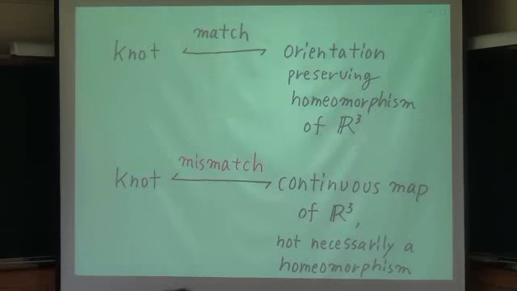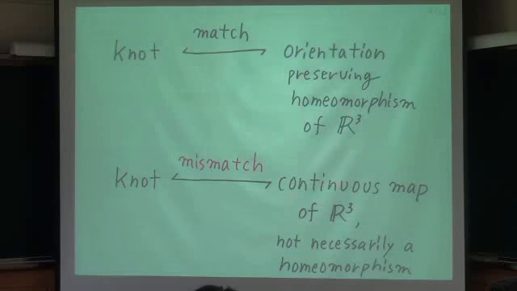But today we consider a continuous map from R3 to R3. This is usually considered a mismatch. In particular, this map is not necessarily a homeomorphism, or even injective.